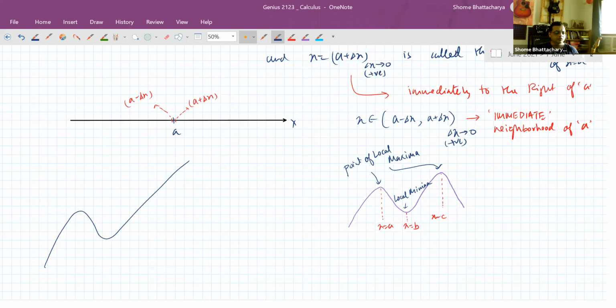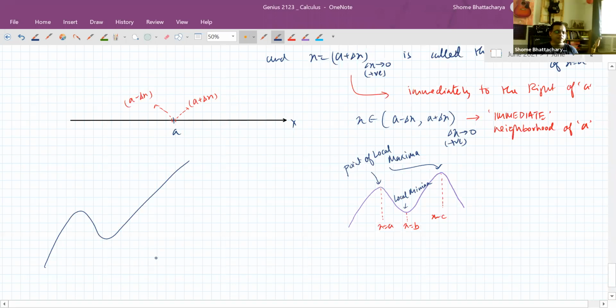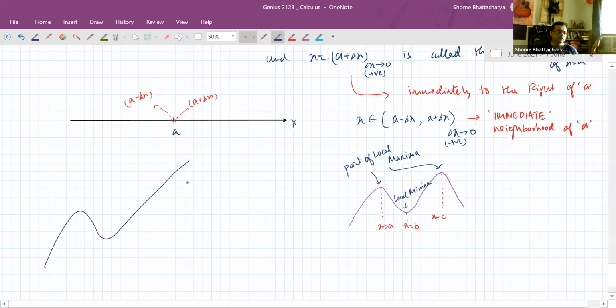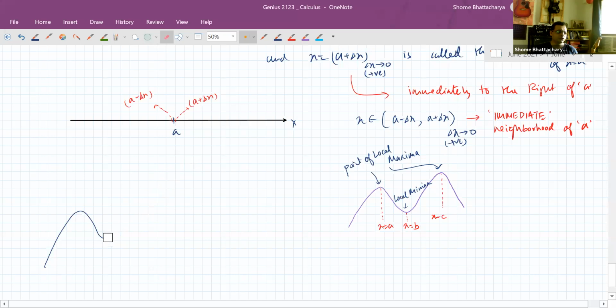Like if we had seen that function that we've taken, the x cube minus 3x plus 2, in the overall domain for all real numbers, then y would be tending to infinity as x tends to infinity. So our global maxima is tending to infinity, but there the behavior of the function is not changing like this. It's monotonic by the time you go there. Yes, I got it. So global maxima and minima may not have any overlap with local maxima or minima. On the other hand, it may also.